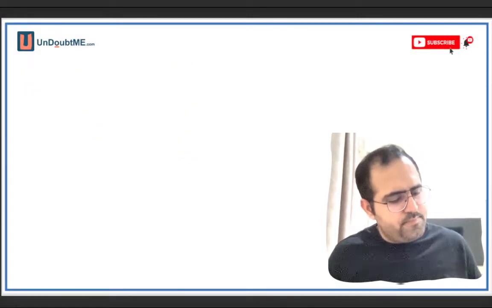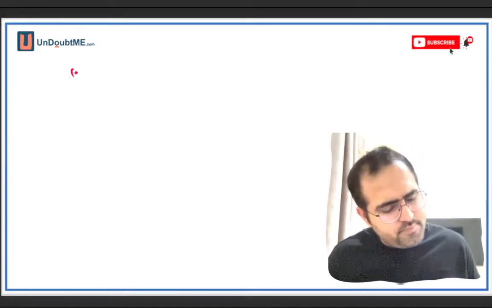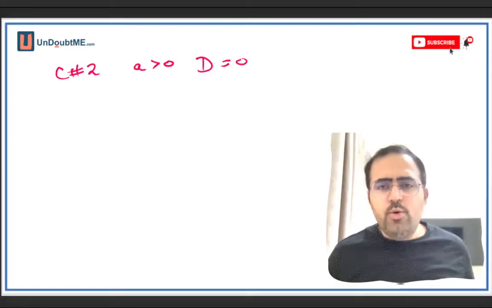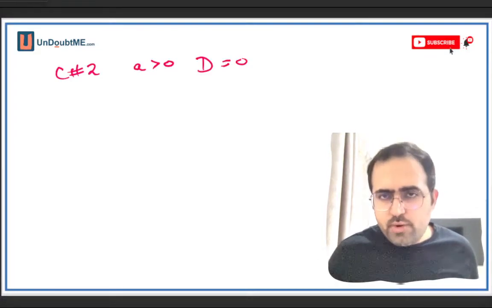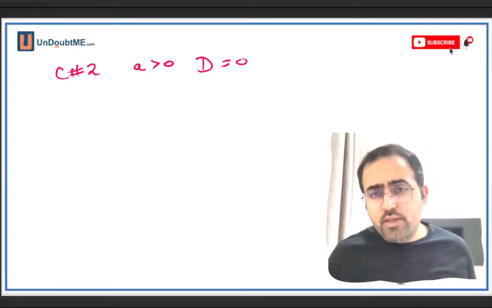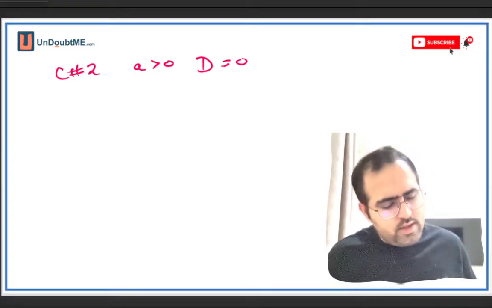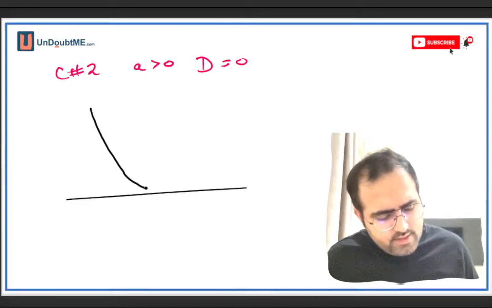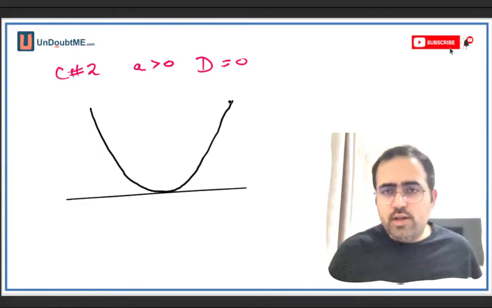Case number 2 is a positive, d equal to 0. Now a positive means it will be an upward parabola, and d equal to 0 means it will have equal roots. How are equal roots visible on the graph? Let's say this horizontal line is the x-axis, so the parabola will be drawn like this.